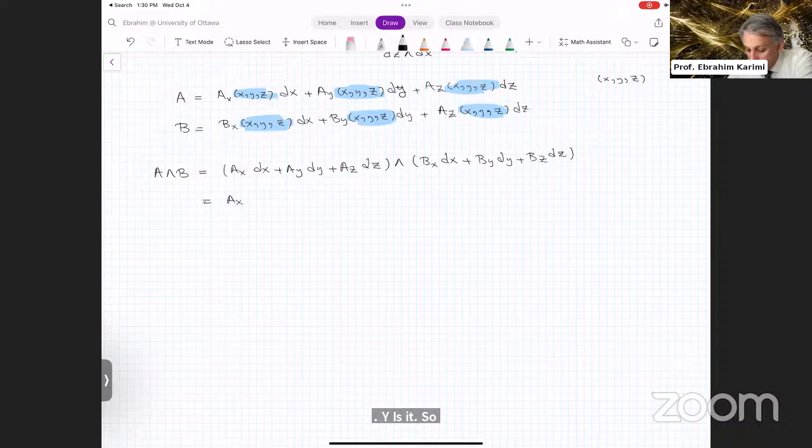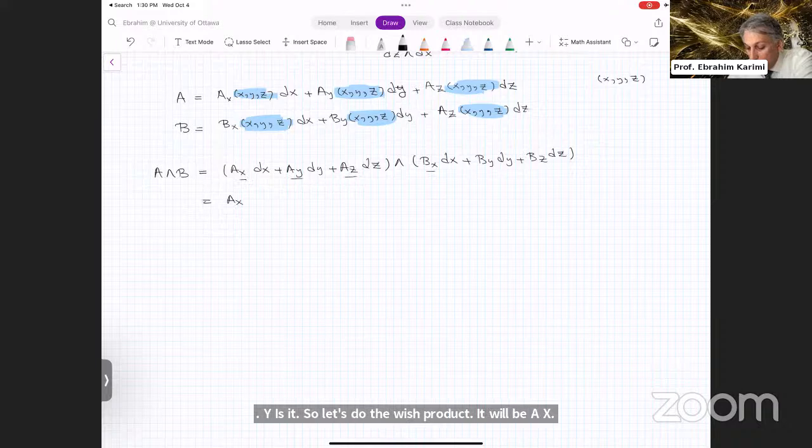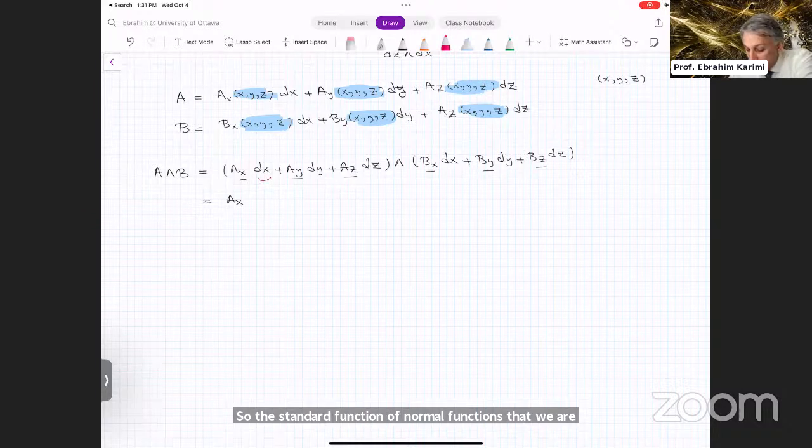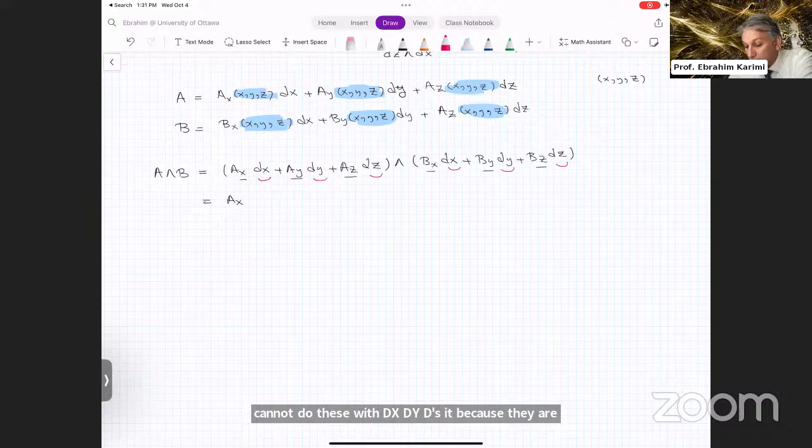It will be ax. Remember, these are ax, ay, az, bx, by, bz. They are zero-forms, so the standard functions that we are dealing with. So easily you can move them around, but I cannot do this with dx, dy, dz, because they are differential one-forms, and I cannot move them around easily. I have to be careful when I'm doing that.